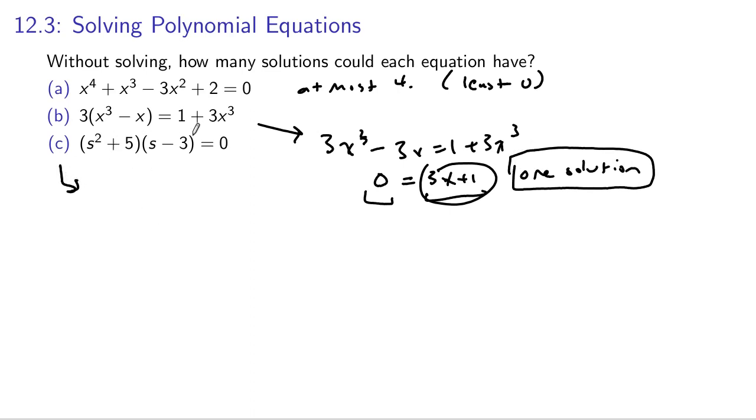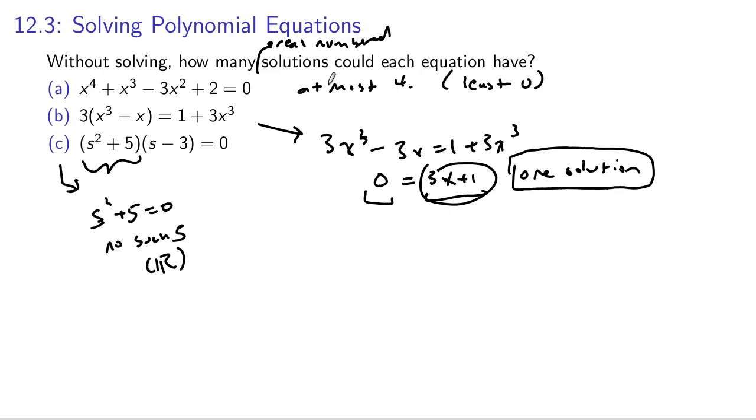C, we have degree 3, but doing some simple quick analysis, we see this factor, if we were to write an equation, we would get no answer, at least not a real numbered answer, because we would have s squared as negative 5. So there's only going to be one real, which is what it's really asking: how many real numbered solutions can each equation have?